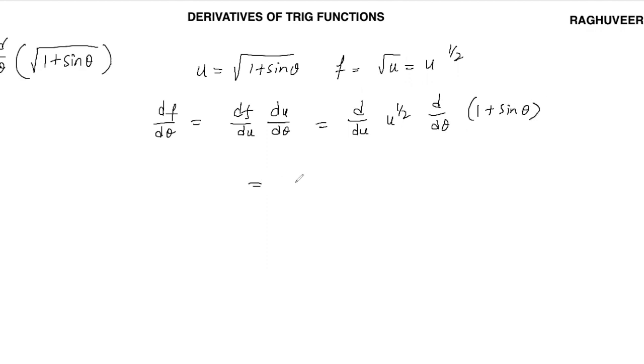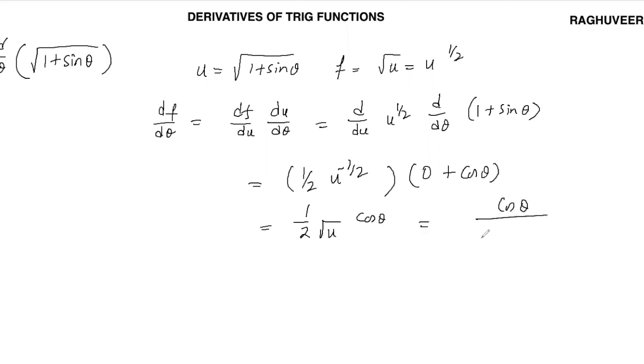So this is half u to the power of minus half, and this thing is 0 plus cos theta. So it will be 1 by 2 root u and cos theta, which is cos theta by 2 root 1 plus sine theta.